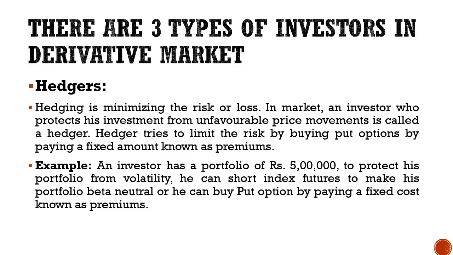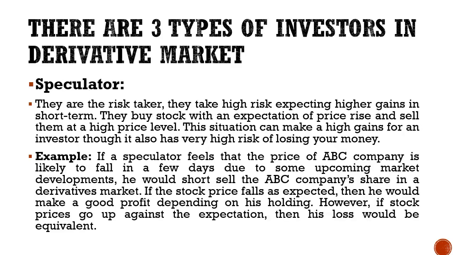Now the third type of investor in derivative market is known as the speculator. Now, who are speculators? They are the risk takers. They take high risk expecting higher gain in the short term.